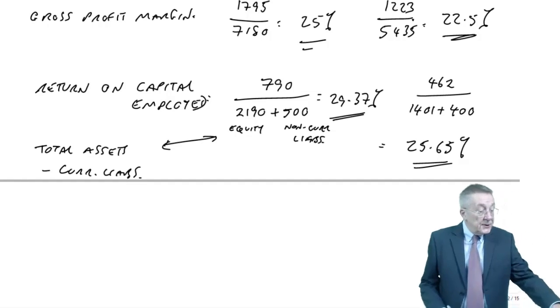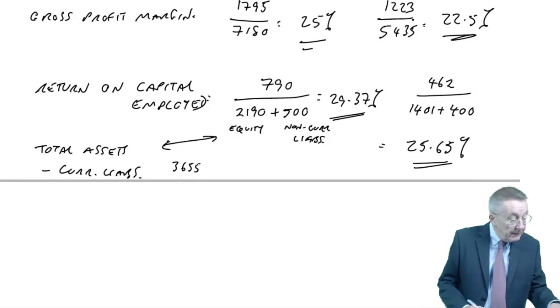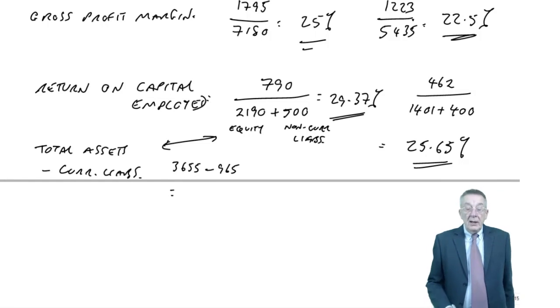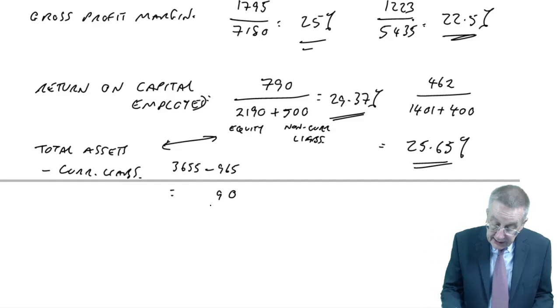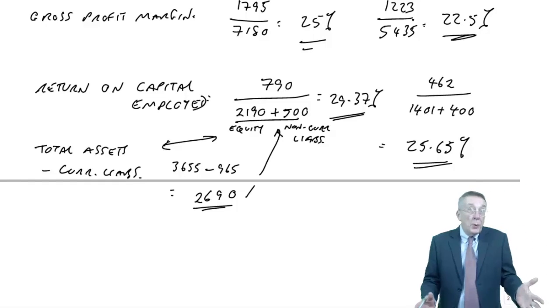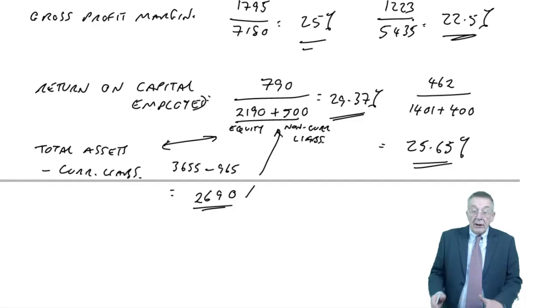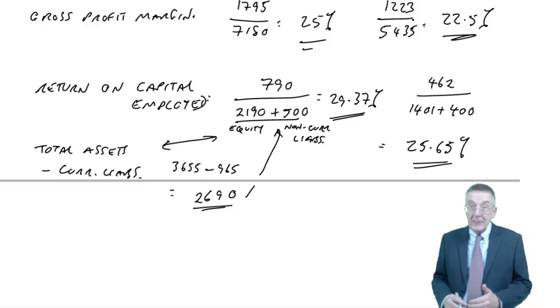You see the total assets, current and non-current, is 3655. The current liabilities are 965. And so total assets less current liabilities comes to 2690. It must always be equal to equity plus non-current liabilities. So it doesn't matter. Some people write it one way, some people write it another. What's important, obviously, is to get the right percentage.